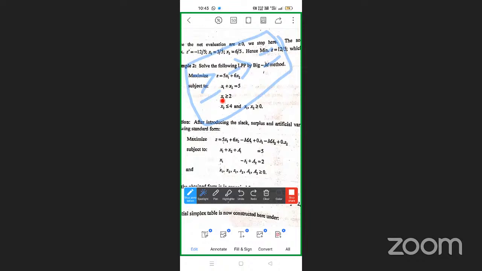So that is x1 minus s1 plus A2 equals 2.